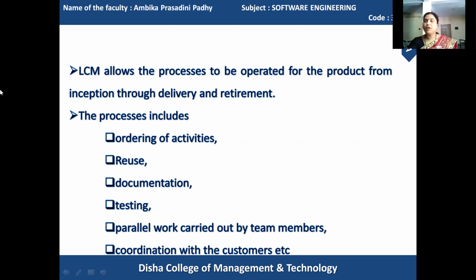Then documentation of the activities is also a major process. Without proper documentation, no particular stage is completed fully, we cannot confirm. The documentation is a proof of what activities are already done and what activities are to be done. And the documentation is highly required.